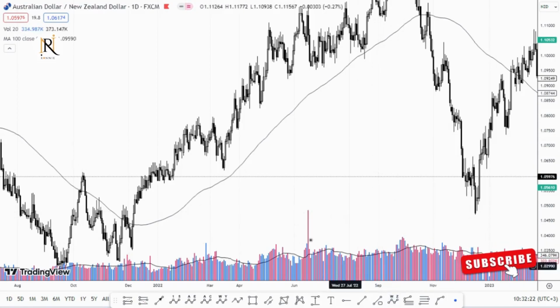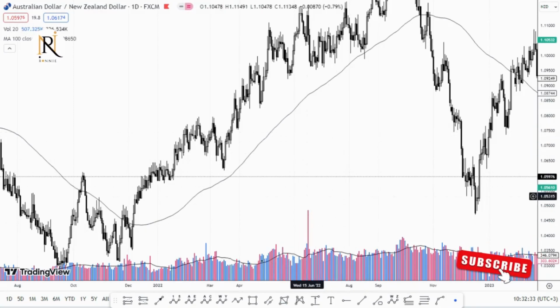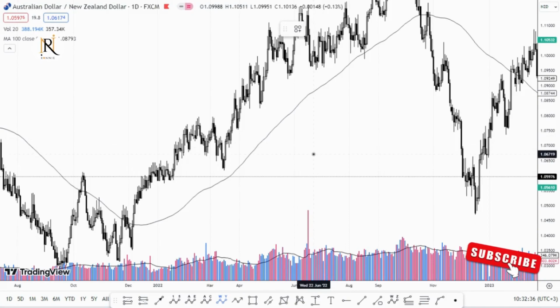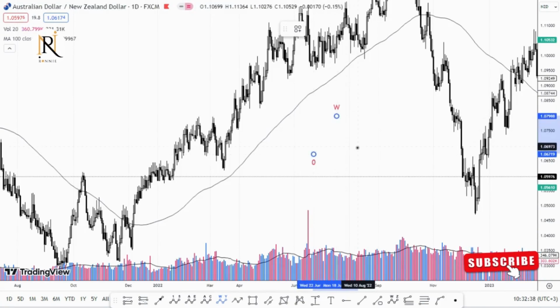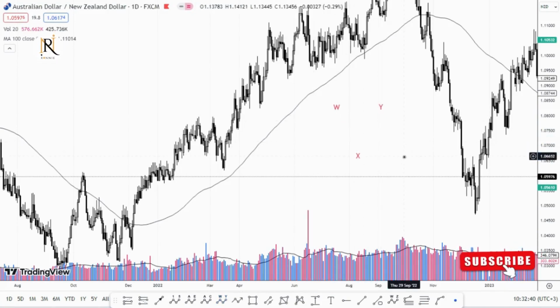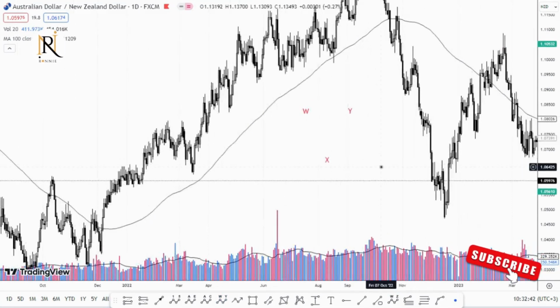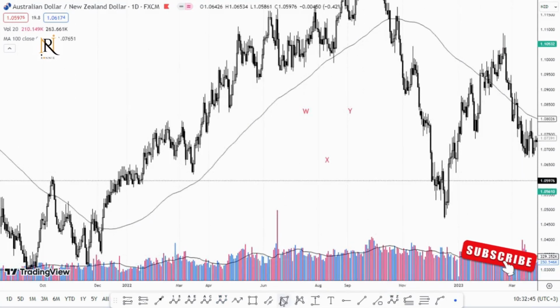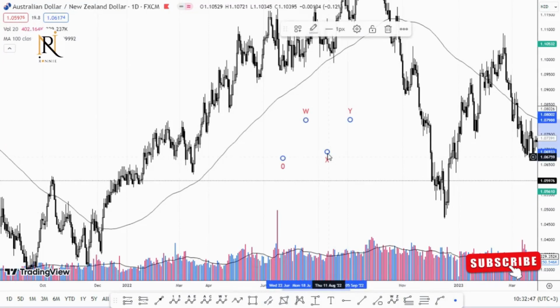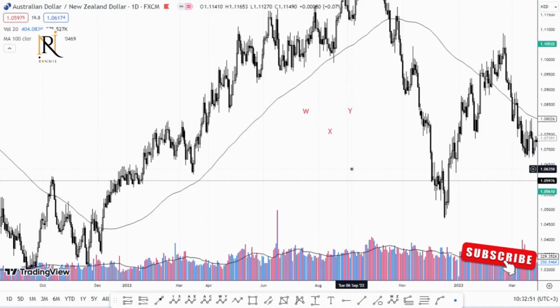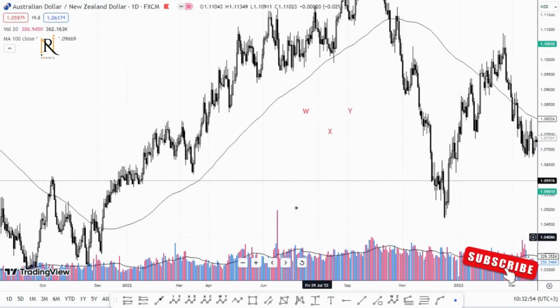When I talk of complex corrections, I'm talking about corrections WXY, or another correction that you can get, which is WXYXZ.